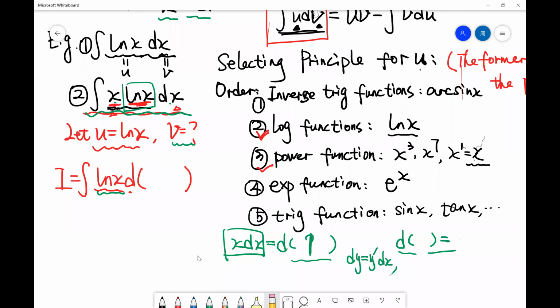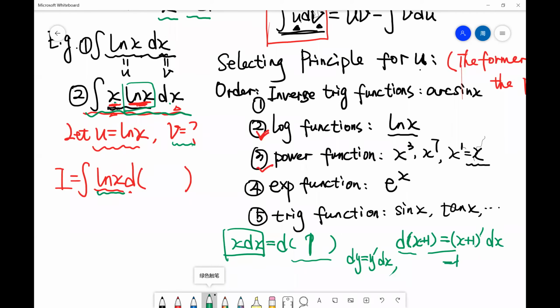1 by 2 x times x squared, right? That is correct. But here, we will check again. If we think that is x plus 1 here, x plus 1 here, so that should be x plus 1 prime dx, right?